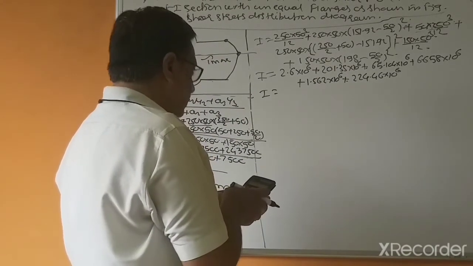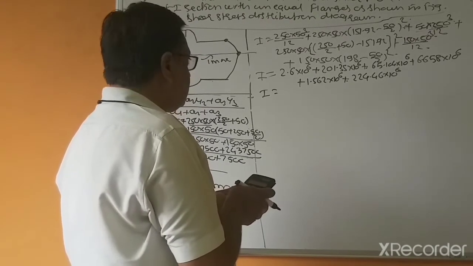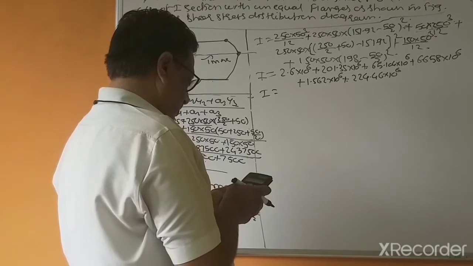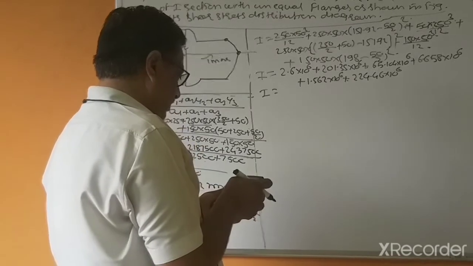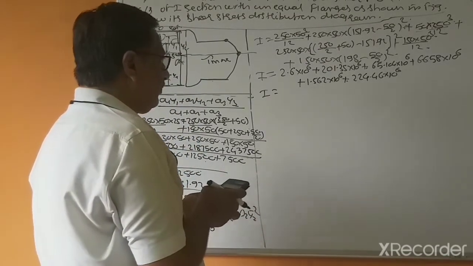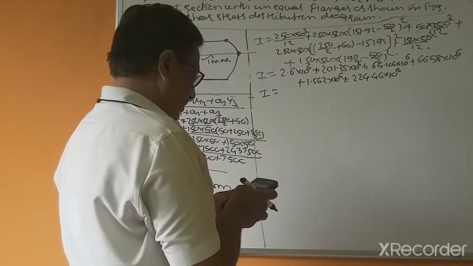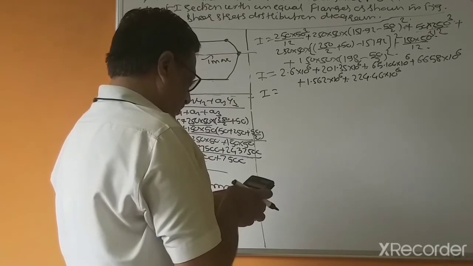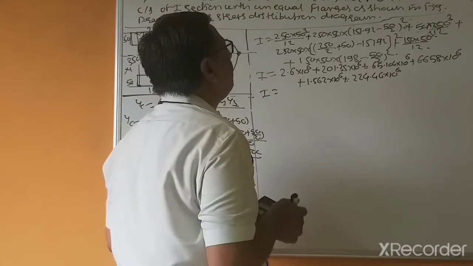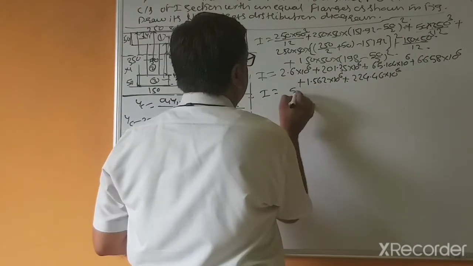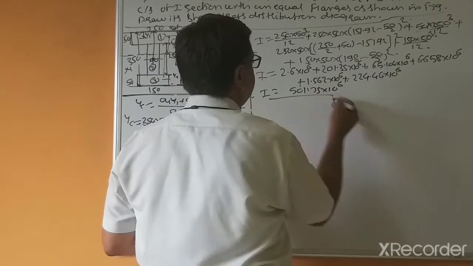Plus 2.6 plus 65.1 plus plus 6.658 plus 562 501 1.75 10 to the power 6.